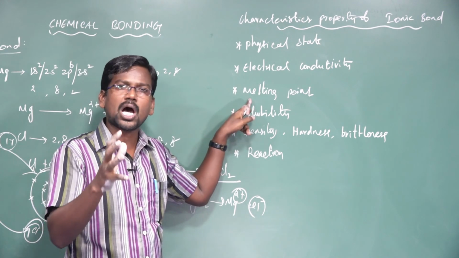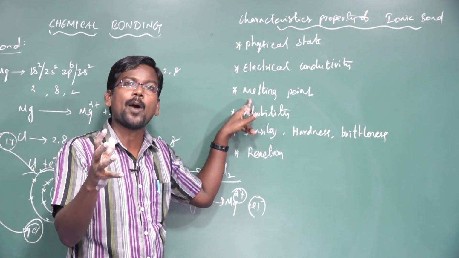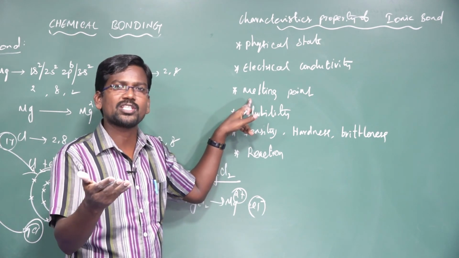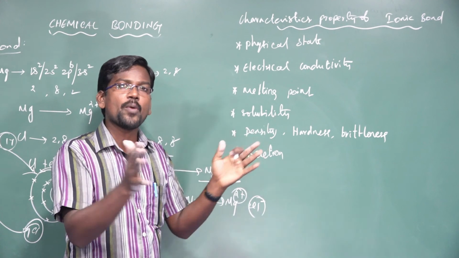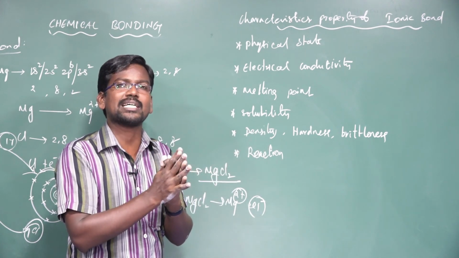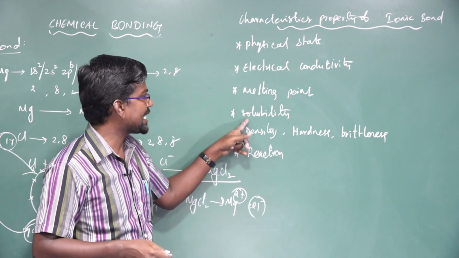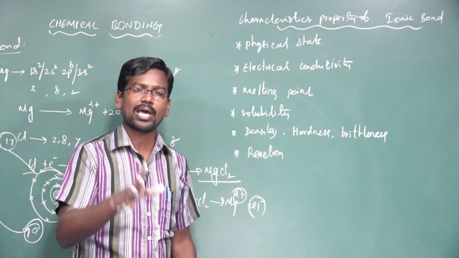Melting point. There is a strong electrostatic force of attraction between the oppositely charged particles in the ionic bond, so a high amount of energy is required to separate the positive and negative charged particles. That's why the melting point also increases in ionic compounds. Next one, solubility. Like dissolves like.